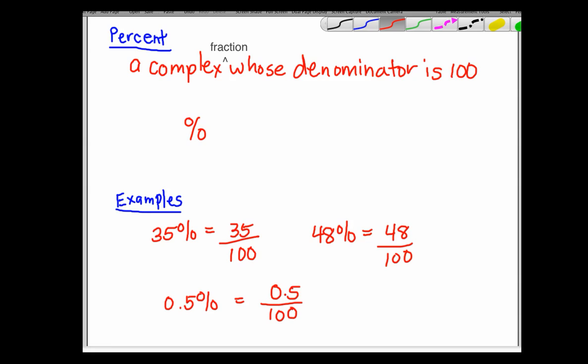Next, I would like to present to you the following structure that you should be using when you're solving basic percent problems. What you need to figure out is thinking about some percent times some number equals another number.